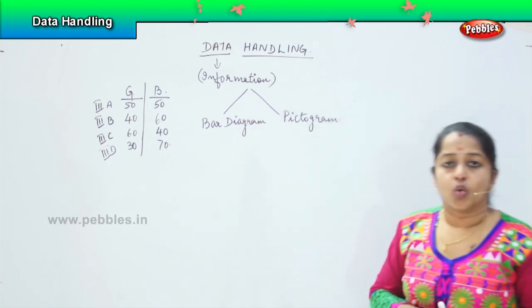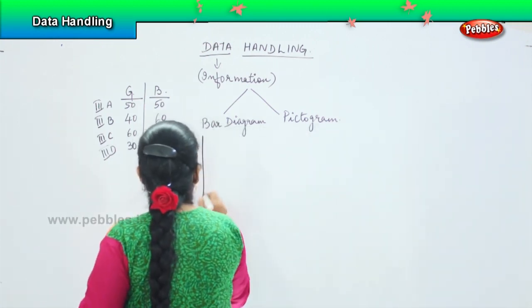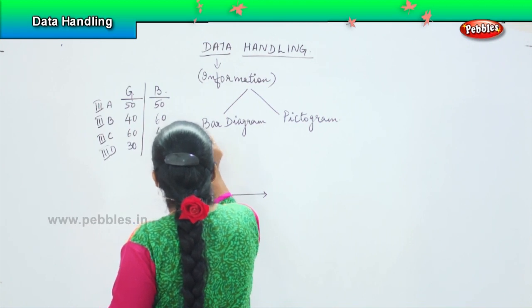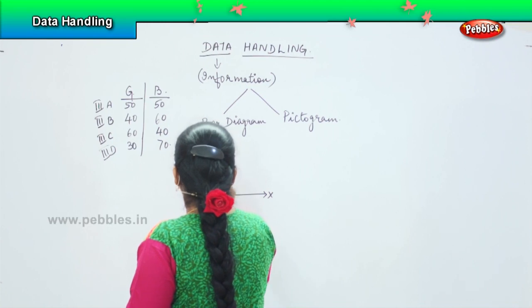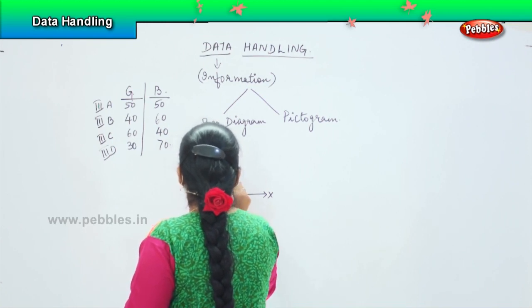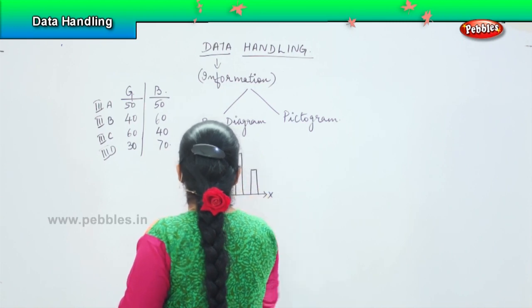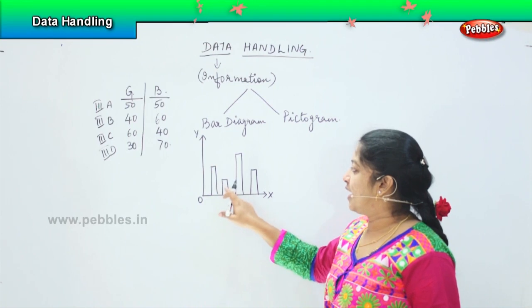Okay, so now the bar diagram, as the name suggests, you will be having two lines. This line is called your y axis, this is your x axis, and then based on that you will be having some data given. Here it is a graph which is plotted, and this will tell you the number.